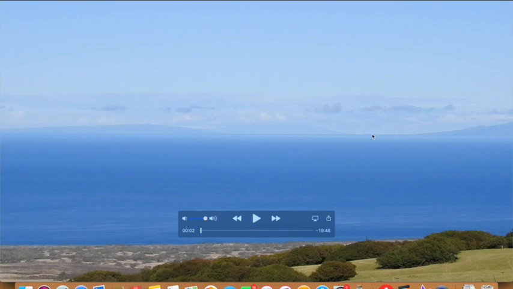This island is Molokini. I've got a couple of videos observing this island. And here are our islands Lanai and Kaho'olawe. Kaho'olawe looks a little darker, and it's only 1,477 feet tall, 50 miles away.